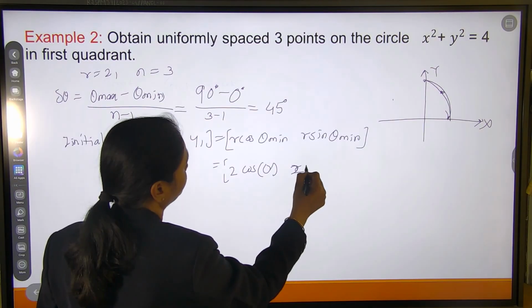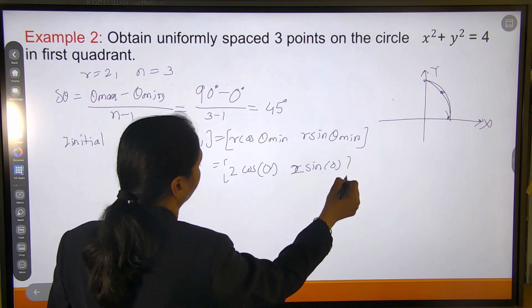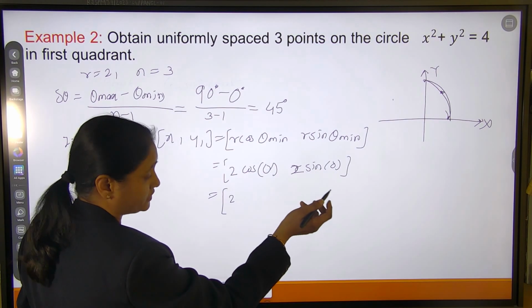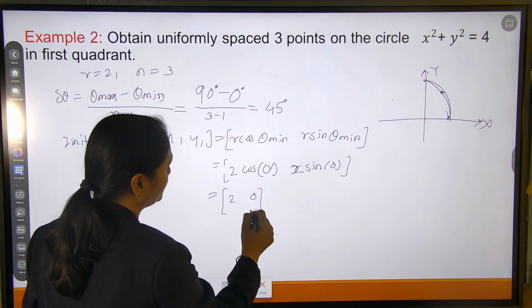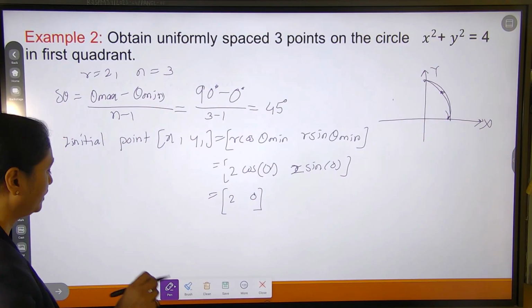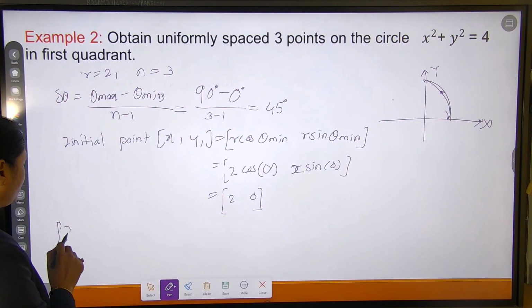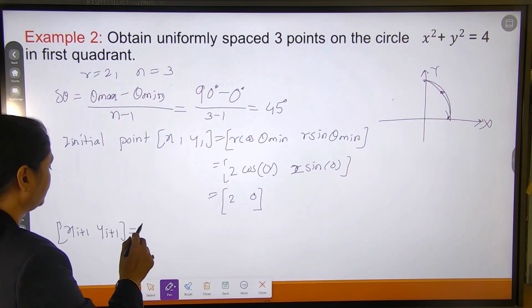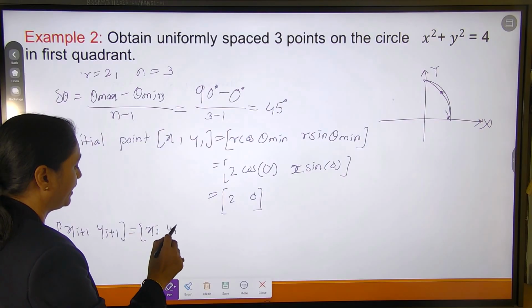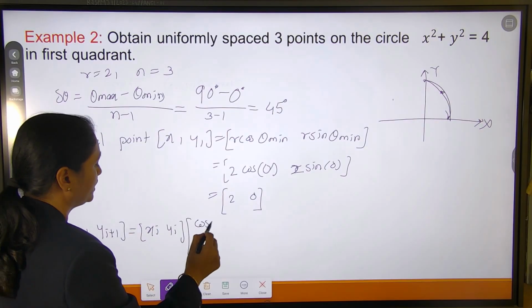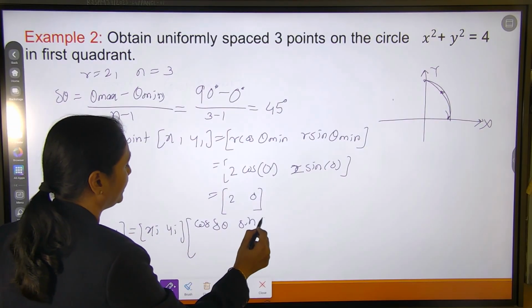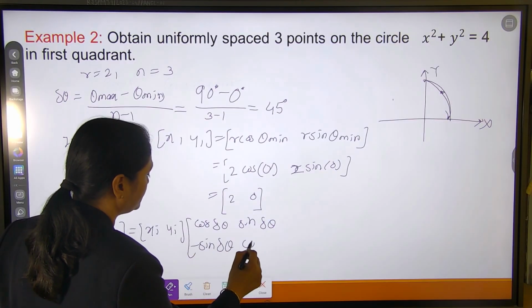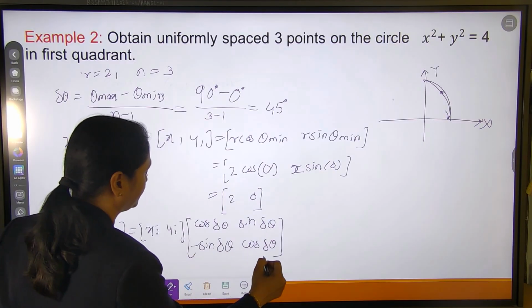Now sine 0 is 0 and cos 0 is 1. So the initial point is 2 cos 0, 2 sine 0, that is 2, 0. Now use the recursive formula to find the remaining points: xi yi into the matrix cos delta theta, sin delta theta, minus sin delta theta, cos delta theta.